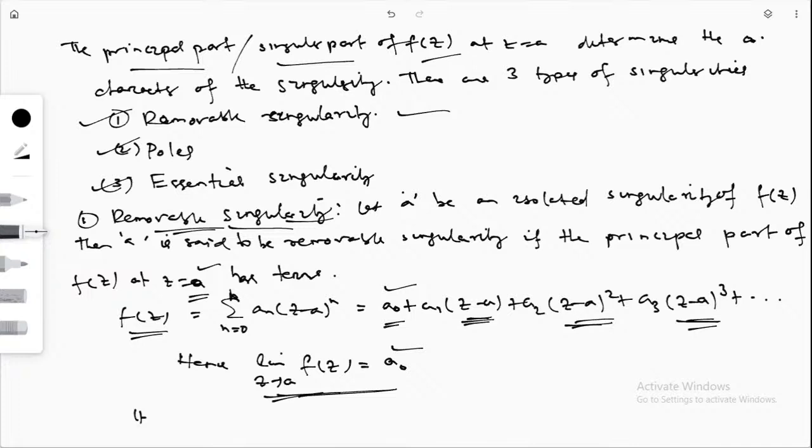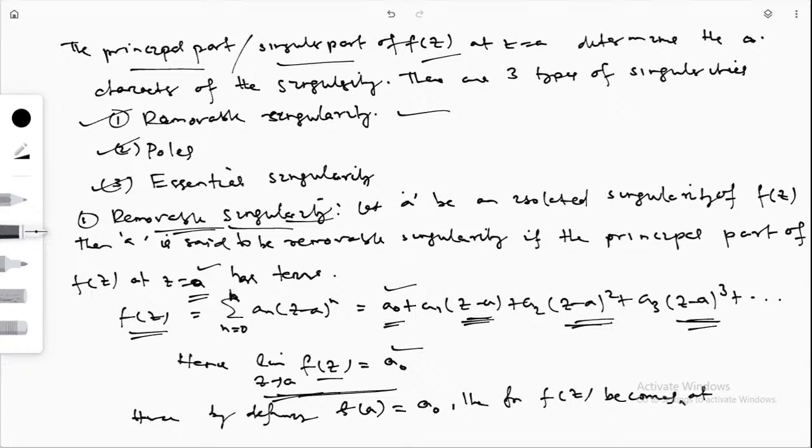Hence, by defining f of a as the limit as z goes to a of f of z, that is f of a equal to a naught, the function f of z becomes analytic at a.